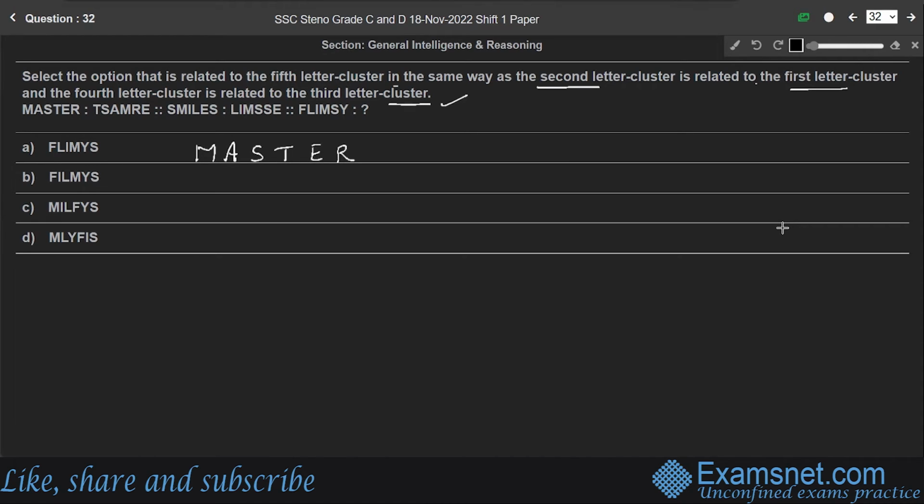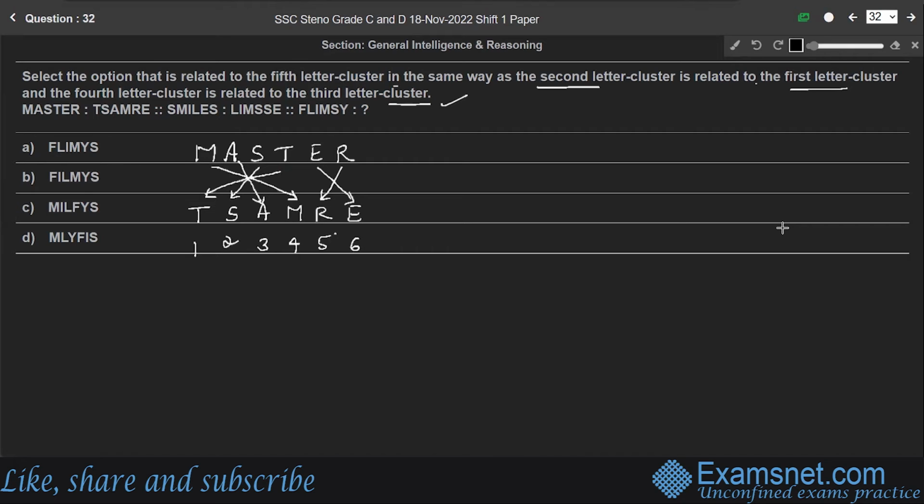Master is coded as T-S-A-M-R-E. So instead of first place, M is written in the fourth place. A in the second place is written in the third place, S is written in the second place, and T is written in the first place. Then E in the last place, sixth place, and R is written in the fifth place. This is how it works.